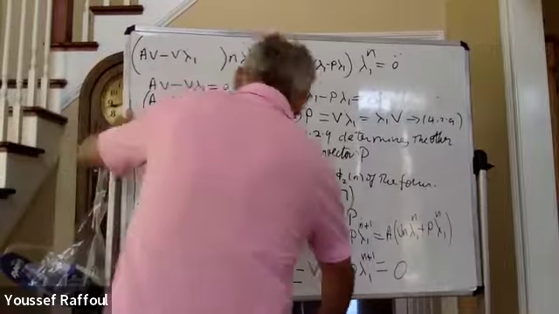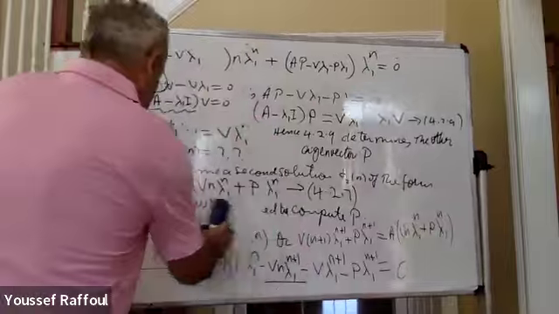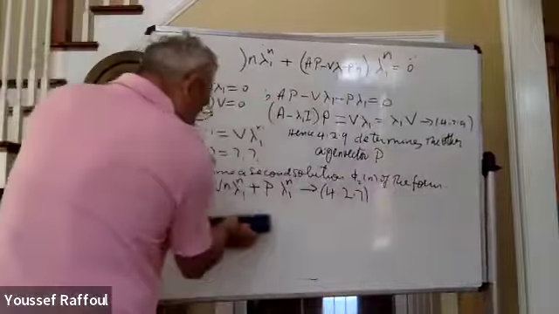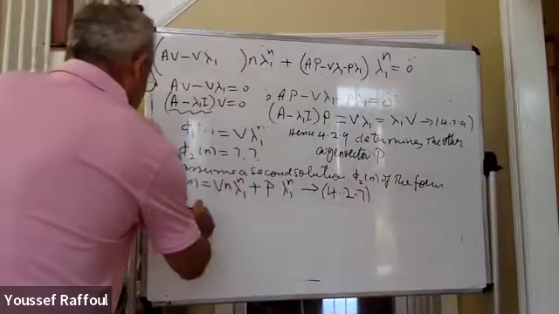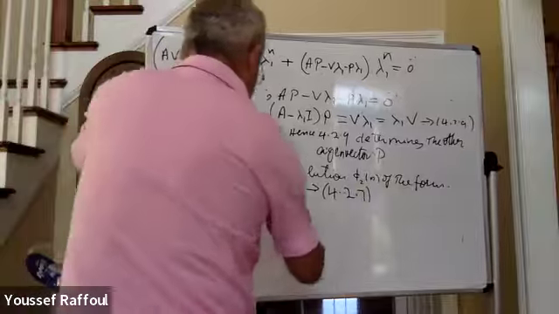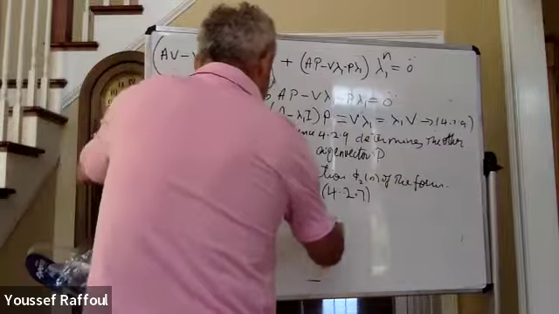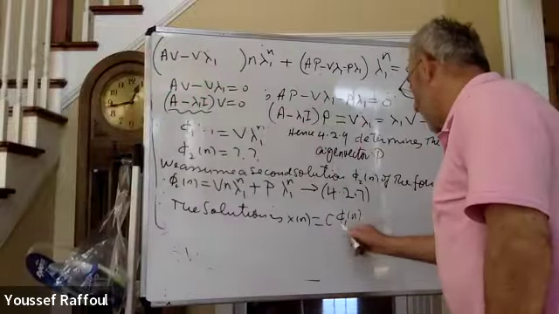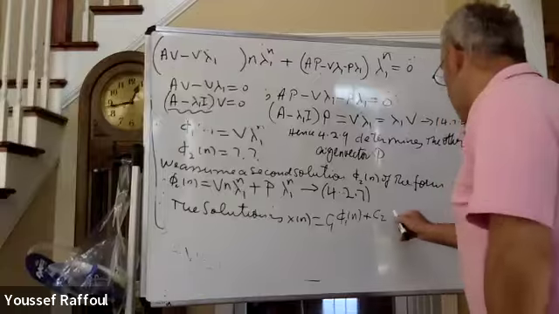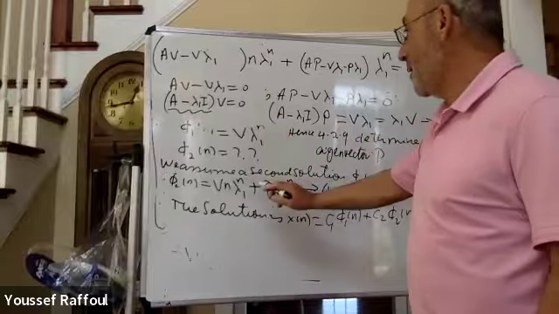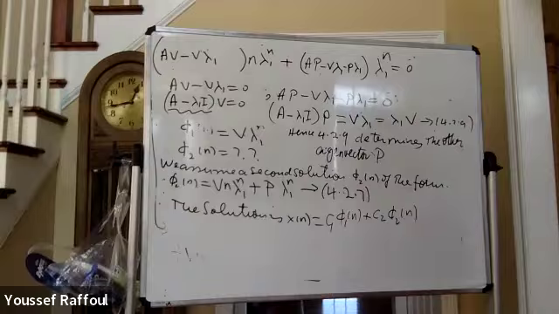And finally, the solution is x_n equal to c1 phi 1 of n plus c2 phi 2 of n. This is phi 1 of n, and this is phi 2 of n. And that is your solution.